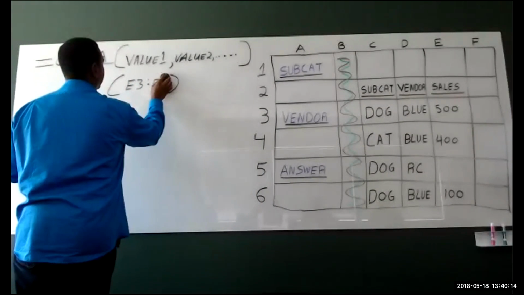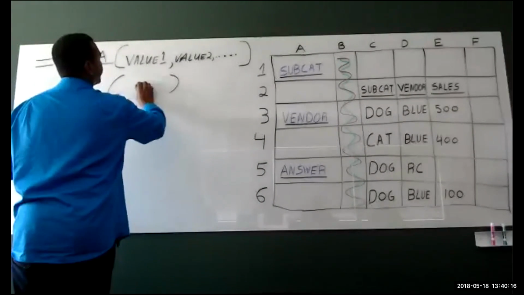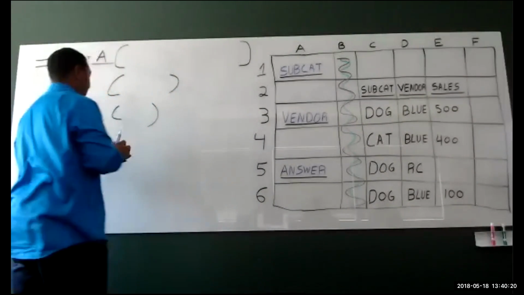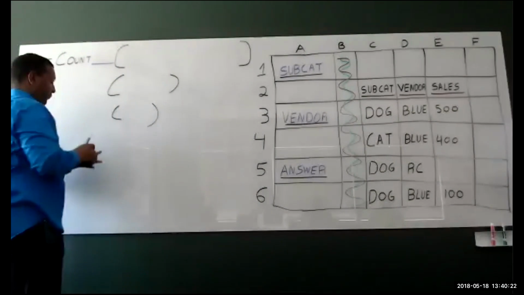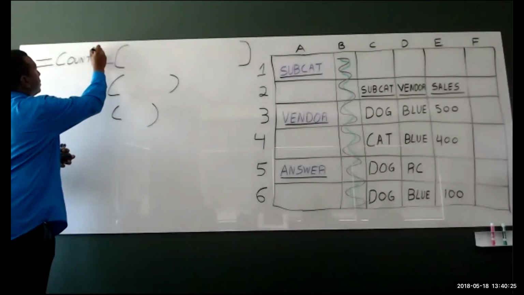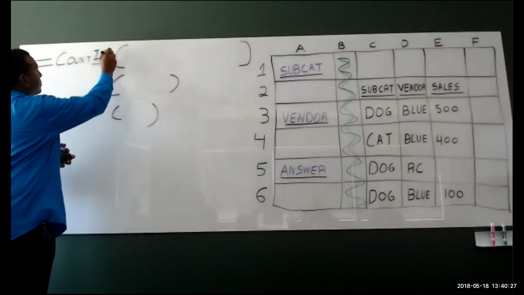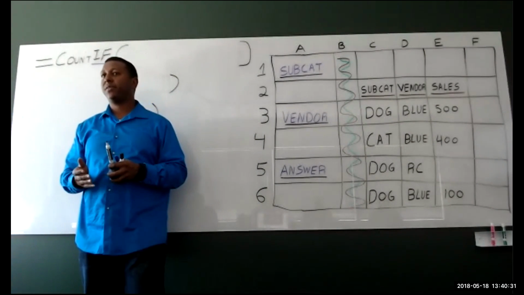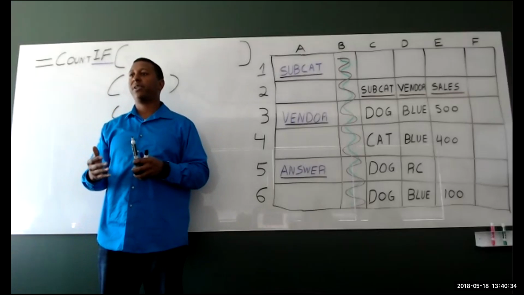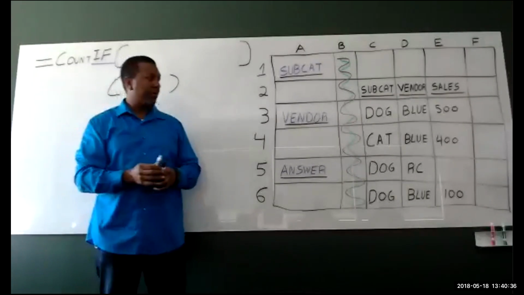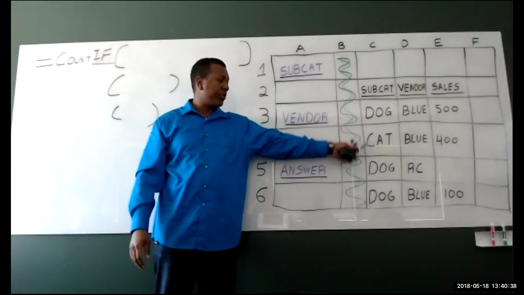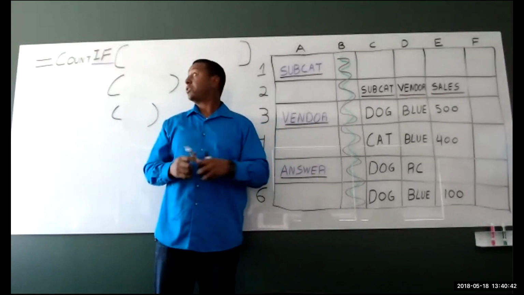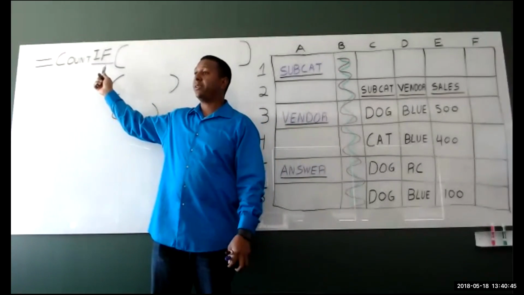Now, this is the fun part. The next variation off of a count is COUNTIF. COUNTIF is used if you want to count how many of a certain item you have. So if I wanted to count how many times the word dog showed up in my data set, I wouldn't just use a regular count, I'd have to use COUNTIF.